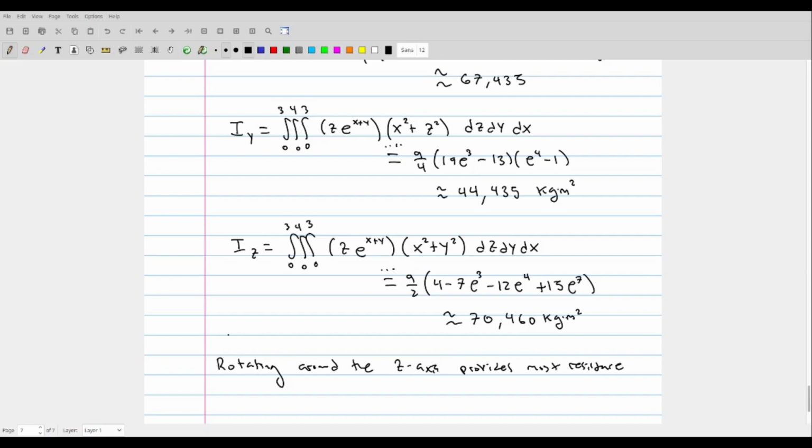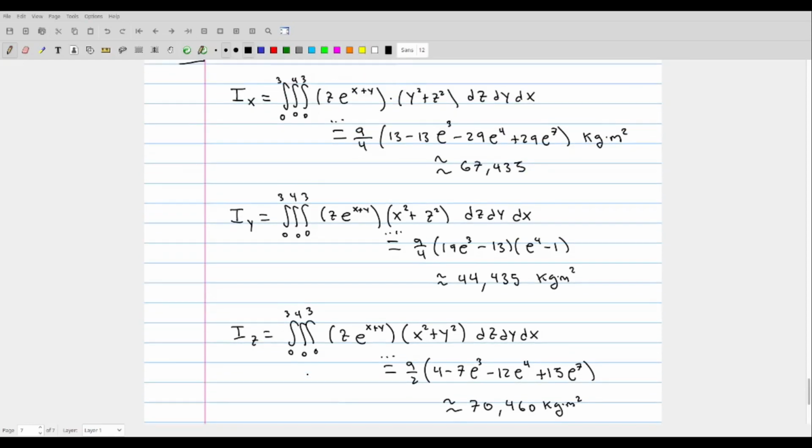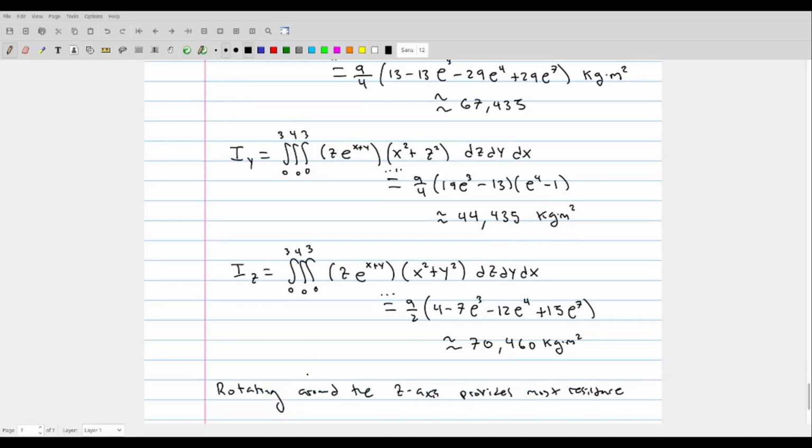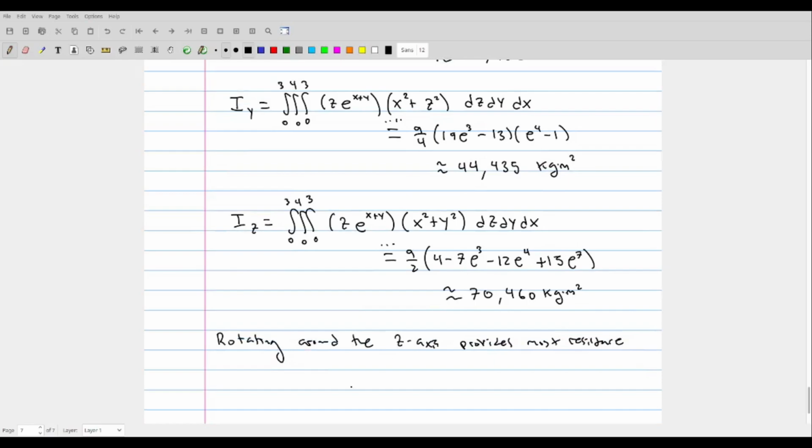So most resistance to rotation, with the x-axis not far off. The x-axis has a moment of inertia that's smaller than the z-axis, but not that much smaller. So the rotation around the x-axis is slightly less resistance.